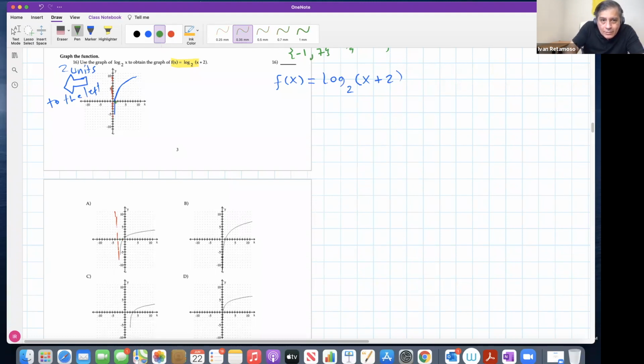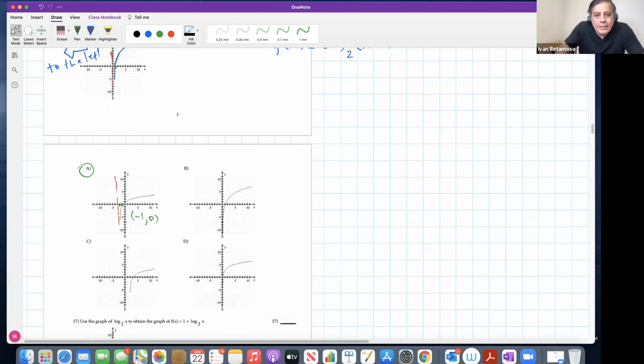It was 1 unit to the right, but since you're moving 2 to the left, it will appear here. This point is going to be negative 1, 0, and the asymptote will be there. Excellent, guys.